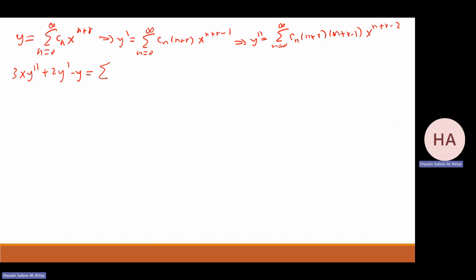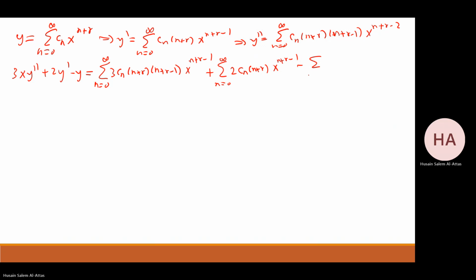So I have summation 3cn n plus r minus 1 x to the power n plus r minus 1 plus summation 2 times y prime, 2cn n plus r x to the power n plus r minus 1. This is summation, don't forget this is starting from 0. Minus summation cn x to the power n plus r. That should equal 0.